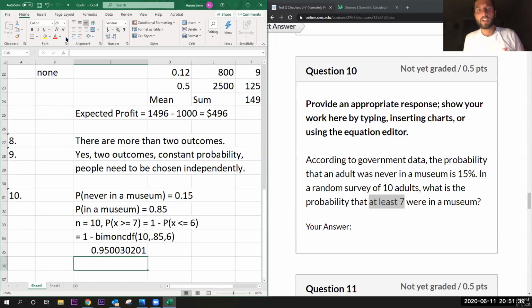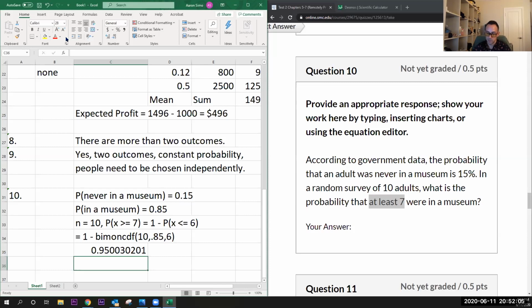So then, in the sentence, would you say there's a 95% probability that at least 7 people were in the museum? Or maybe 95%. Yeah, that works. 95% chance.